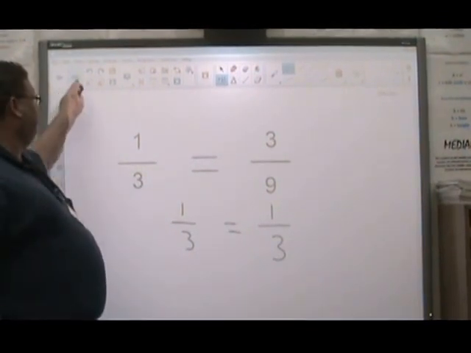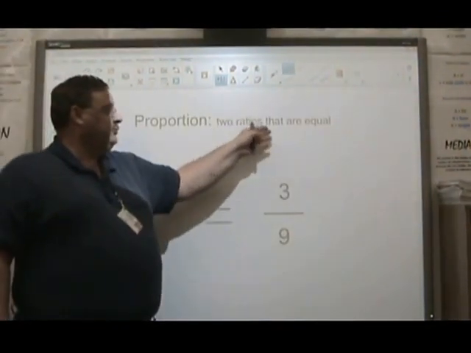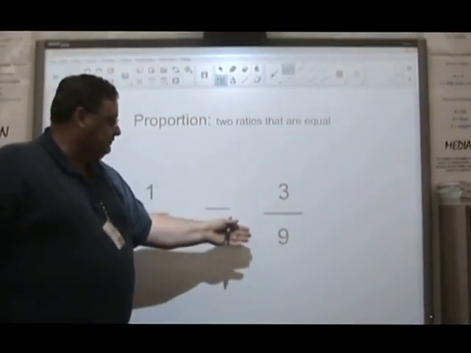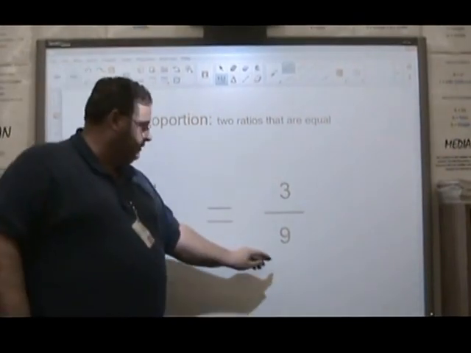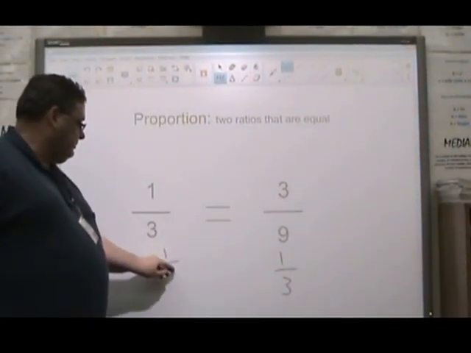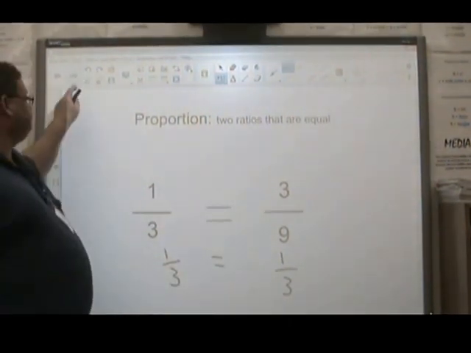And the term for that is proportion. A proportion is when two ratios are equal. And as you can see, the numbers aren't the same, but these would reduce to the same, and we would consider them proportional.